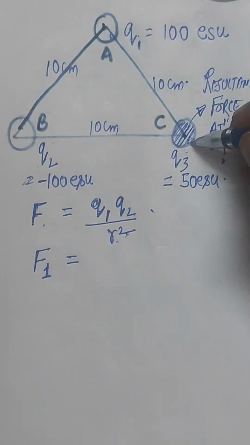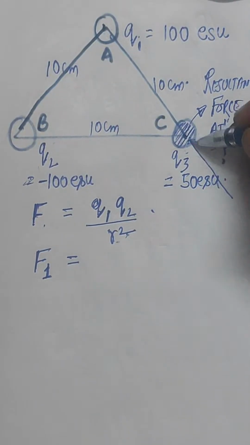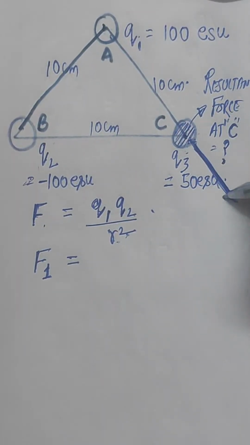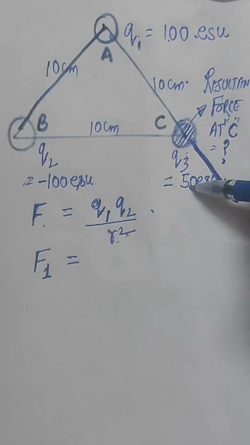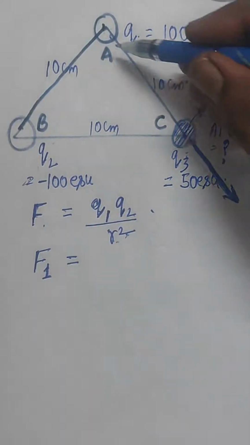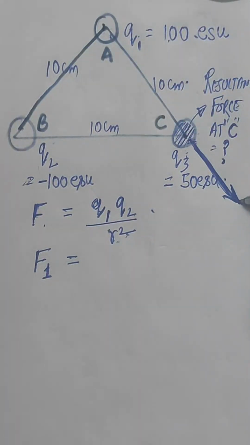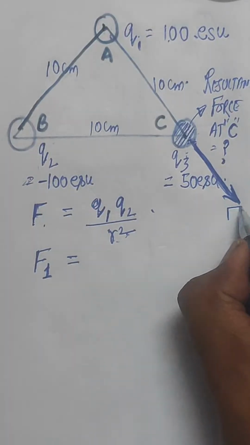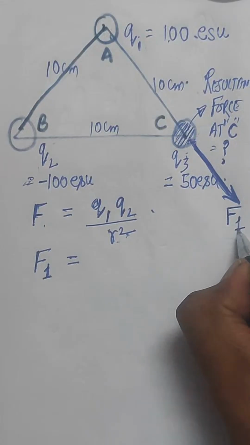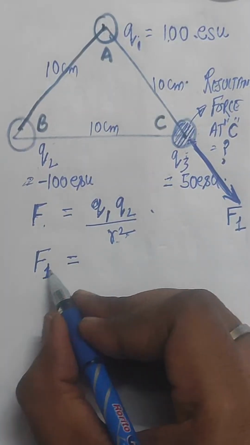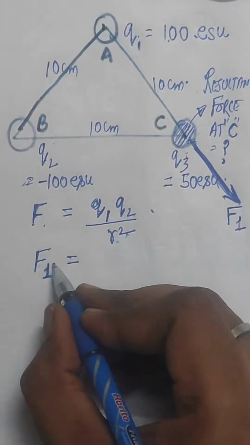So this will be acting in this direction, because Q1 is positive in nature and Q3 is also positive in nature. So this will be repulsive, and F1 will be acting in this direction.